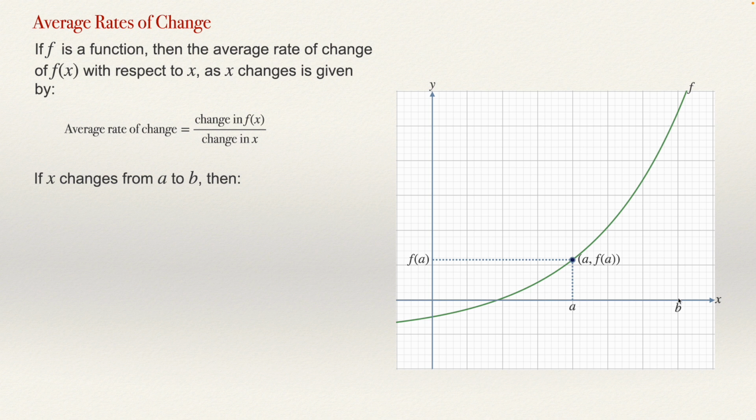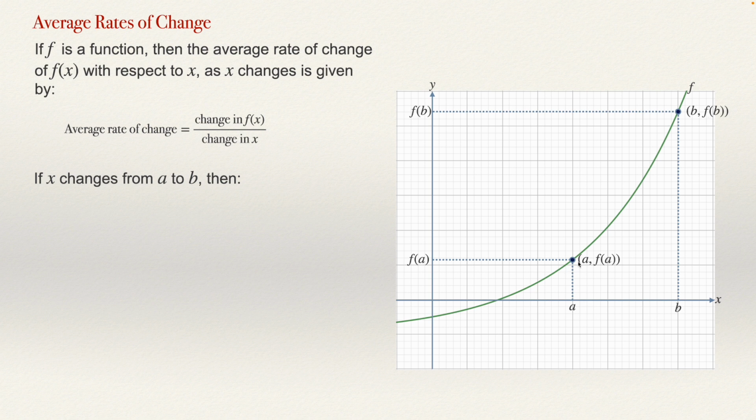And the same happens with b. If b is in the domain of the function, we have a value y equal to f of b, so there is a point in the graph that defines an image of this function, and this point will be (b, f(b)). So we notice that if x changes from a to b, then the value of the function changes from f(a) to f(b).